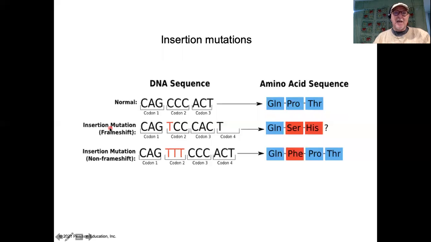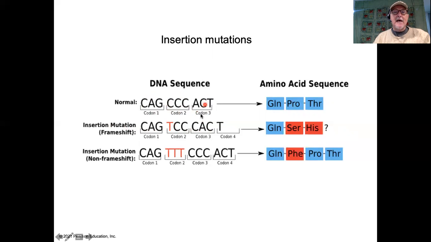What happens if we actually insert something that doesn't belong? And here we have CAG, first codon, just as normal. Now we're going to insert a T, a thymine there. Now the second codon reads TCC. What does our third codon read? CAC. It's been shifted. The frame has been shifted.